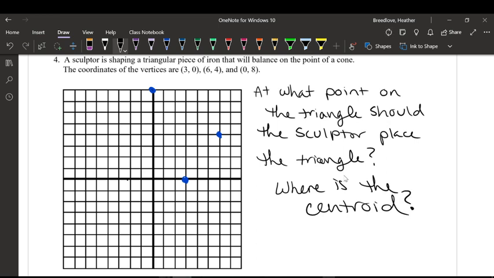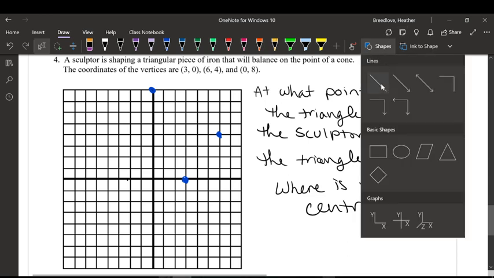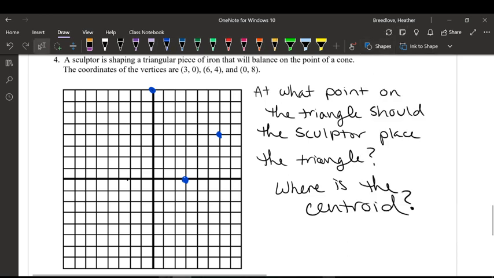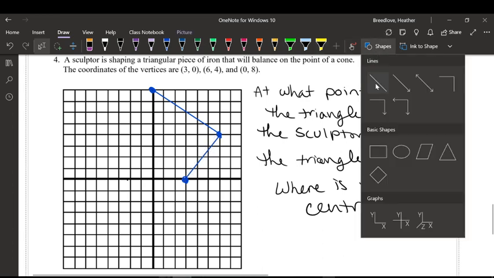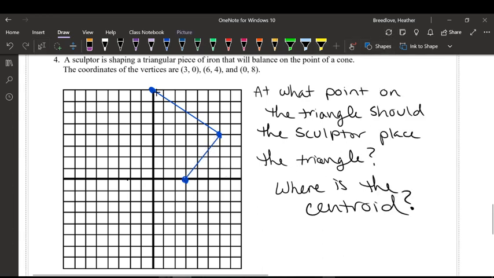So to find the centroid, the balance point, first I have to draw my triangle. I go from the angle to the midpoint of the side across from it.